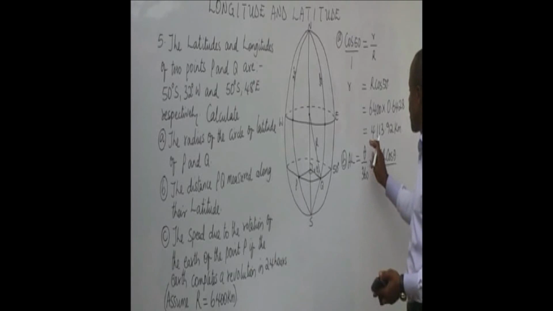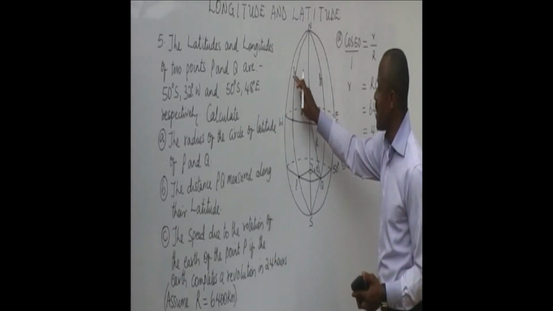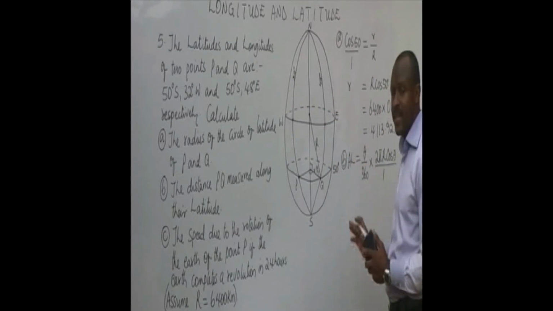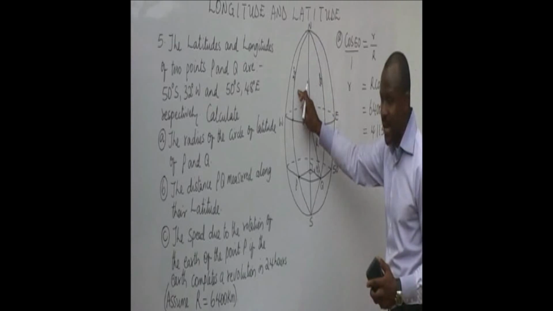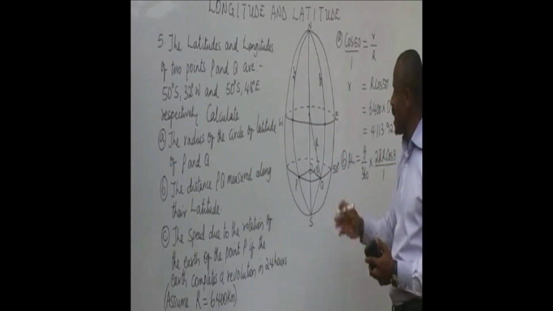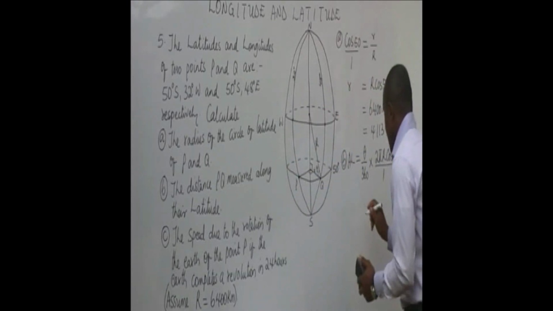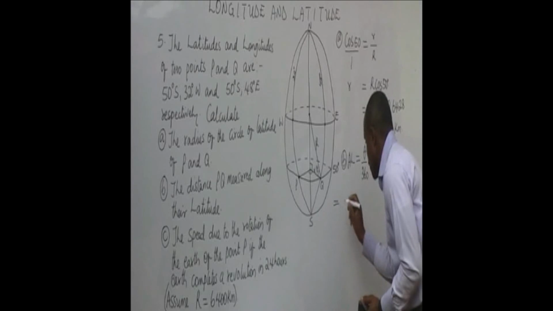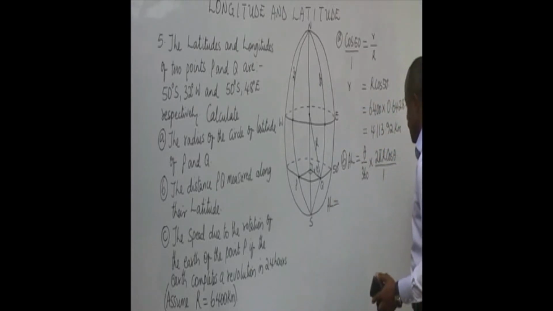Okay, so our first theta will be gotten from 48 plus 32, which will give you 80. We are adding the two lines of longitude together because they are in different directions. This one is on the east, this one is on the west. So let's bring our equal to here, AL, arc length, because of space.